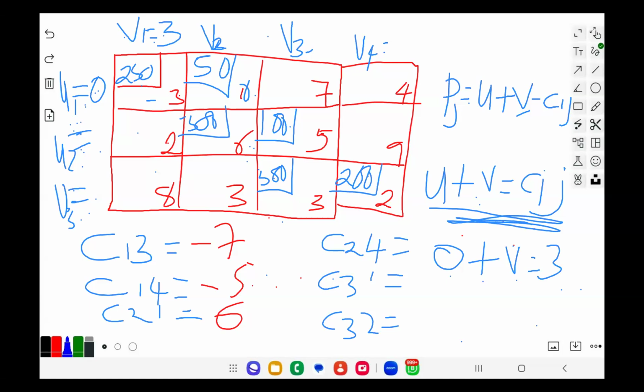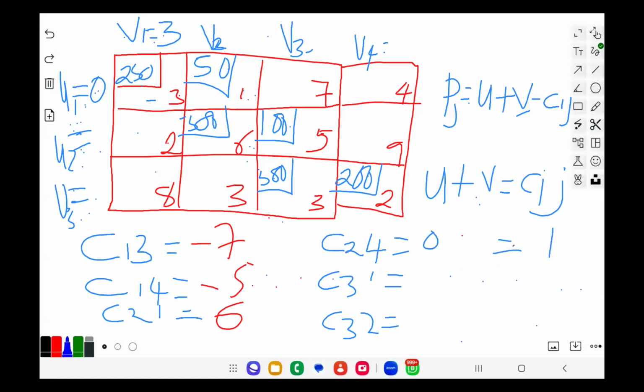Then from there, we go to the next cell. Only allocated cells are the ones we are paying attention to. This next one where there is 50. What is the Cij here? The Cij is 1, right? Then what is your U?